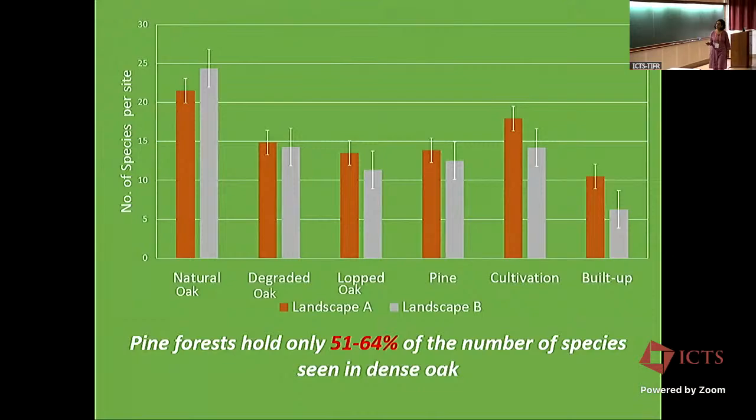So you can see what's happening over here. The natural oak, as you can see, has the largest number of species, and there is some amount of variation there. Are the two landscapes similar in terms of the patterns? Landscape A and landscape B that you see in two different colors, are the same patterns holding out?